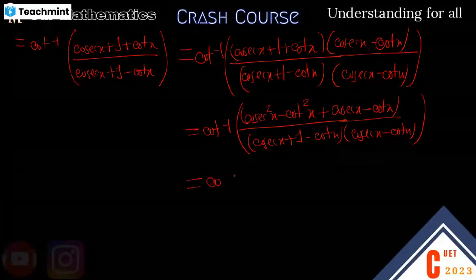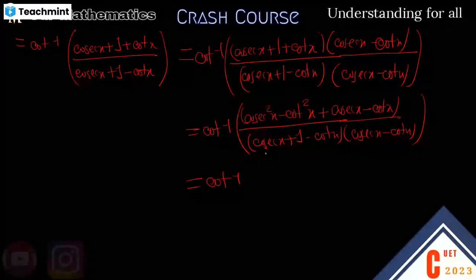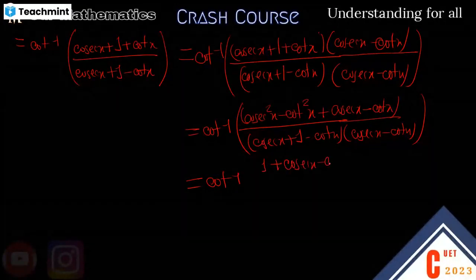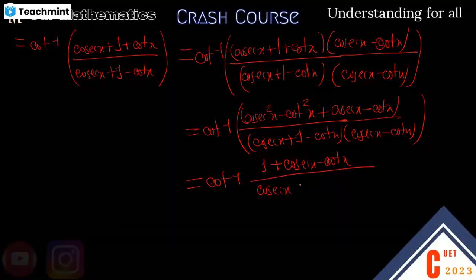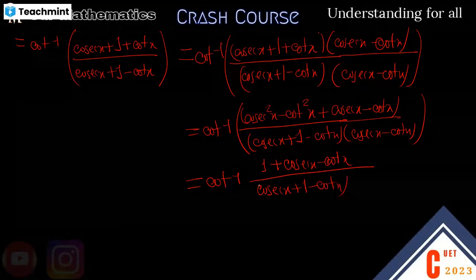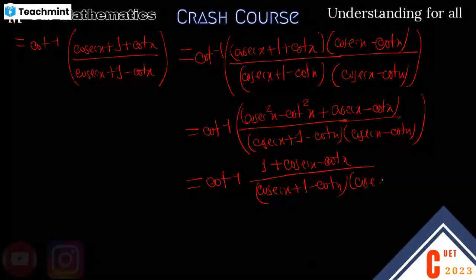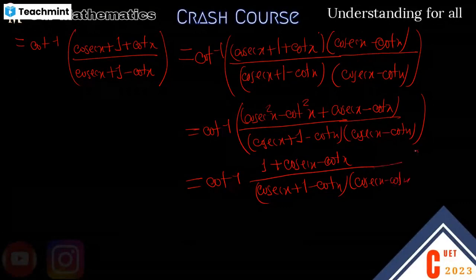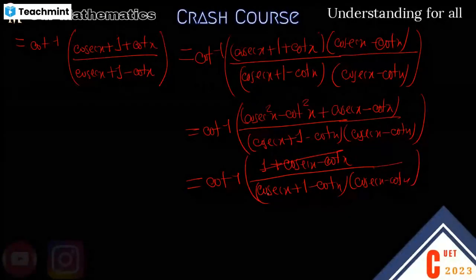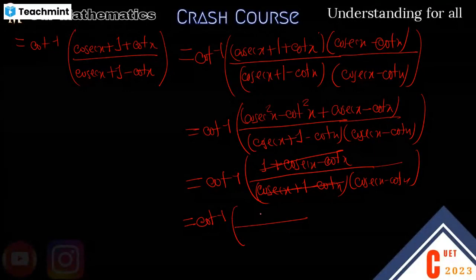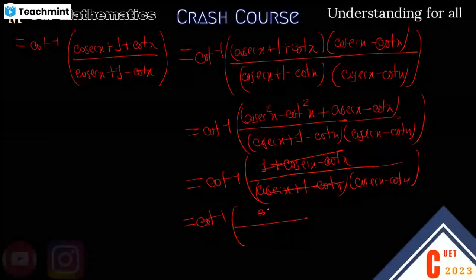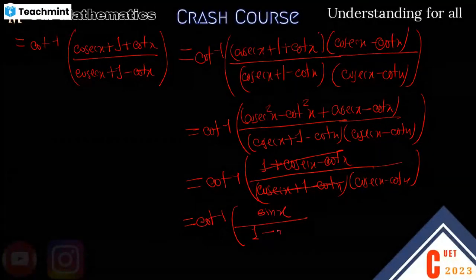Then cosec square x minus cot square x is equal to 1, plus cosec x minus cot x divided by cosec x plus 1 minus cot x. It will become cosec x minus cot x. Then cancel the whole thing with this thing. It will become cot inverse of 1 by cosec x minus cot x, that is sin x by 1 minus cos x.